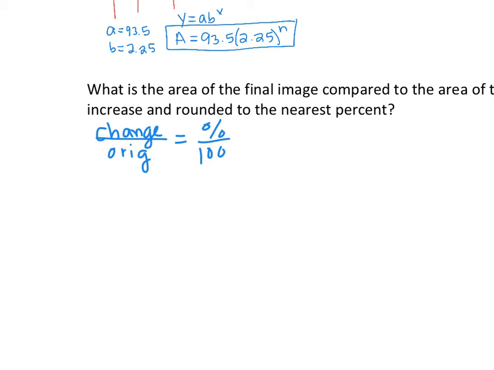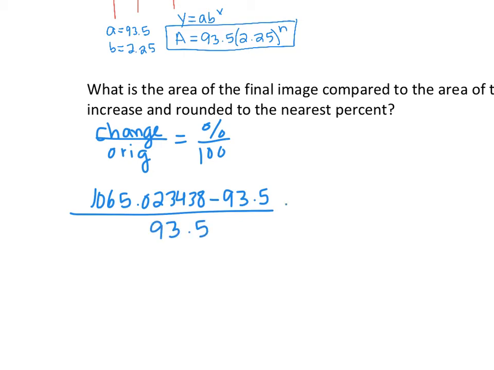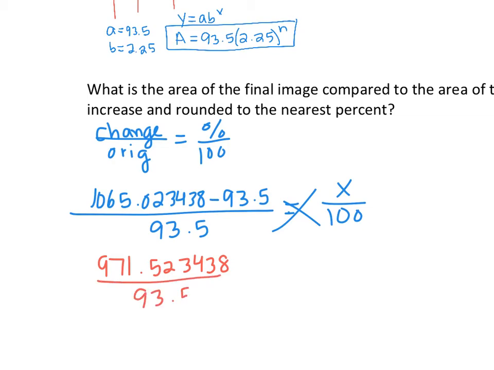While she enlarged it to 1,065.023438 minus the original area of 93.5, and again that's the original, so that's our denominator, equals x over 100%. Cross multiply. Oh, before we cross multiply, we need to actually do the subtraction. When we do the subtraction, we get 971.523438.